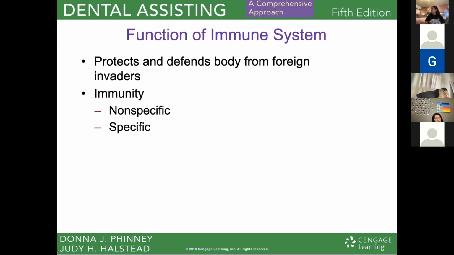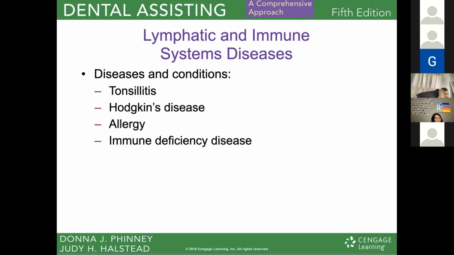And then the immune system protects the body from pathogens, foreign materials, debris, and damaged cells. Non-specific immunity refers to the body's defense against harmful agents. Specific immunity acts against selected agents. So these are some of the lymphatic and immune system diseases.